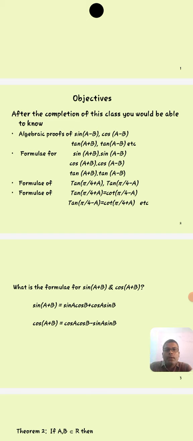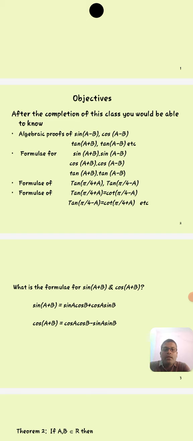Tan of pi by 4 plus a is equal to cot of pi by 4 minus a, and tan of pi by 4 minus a is equal to cot of pi by 4 plus a.